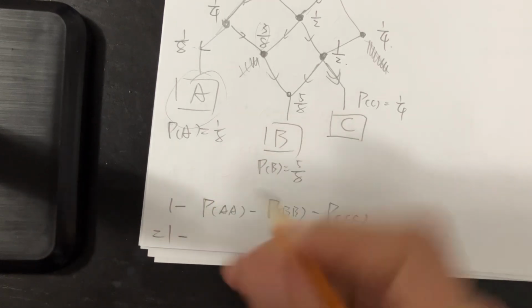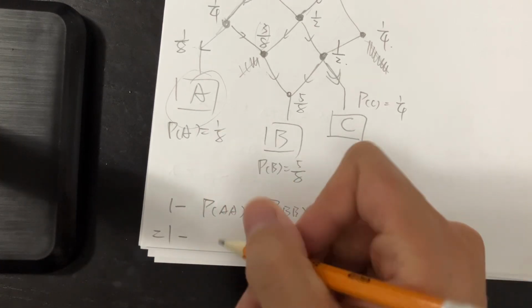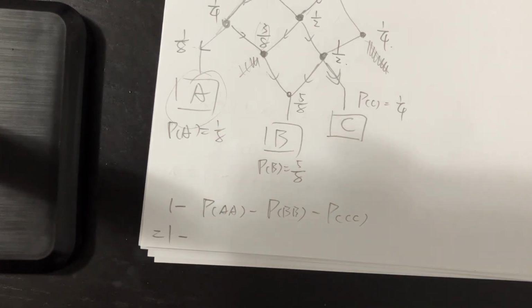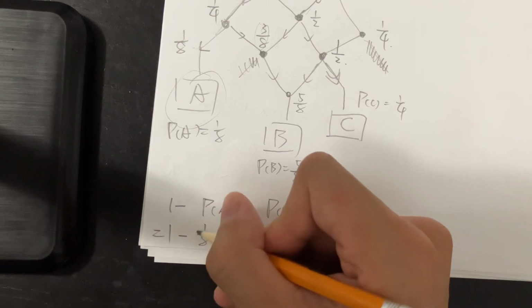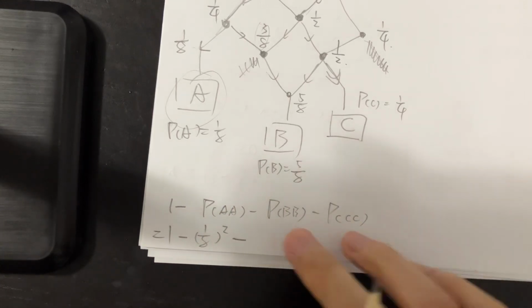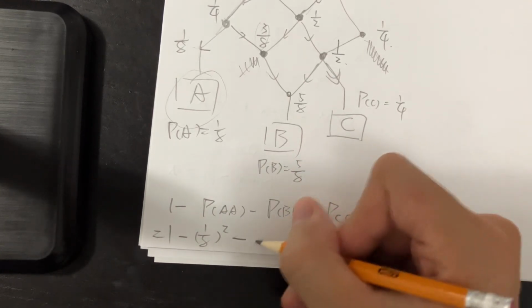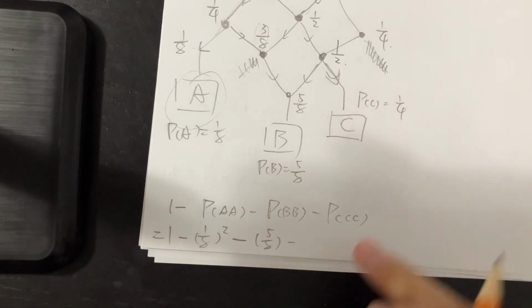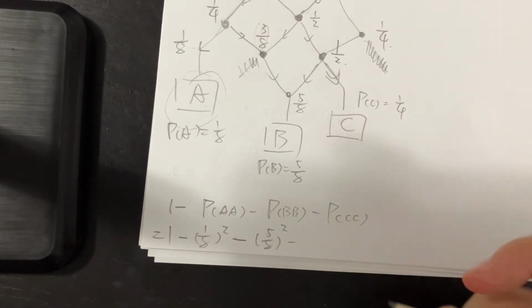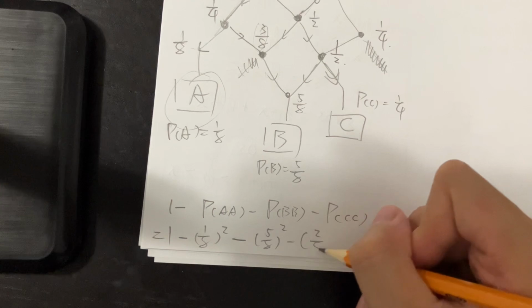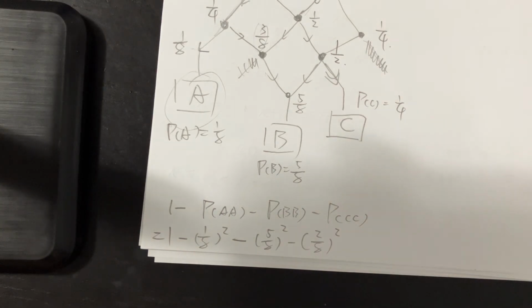And this is 1 minus, what is AA? 1/8 times 1/8. Okay, so it's just 1/8 squared. And minus, what is BB? 5/8 squared. What is CC? 1/4 squared. Oh, let's just say 2/8 squared, because later we're going to have a 64 in the denominator.